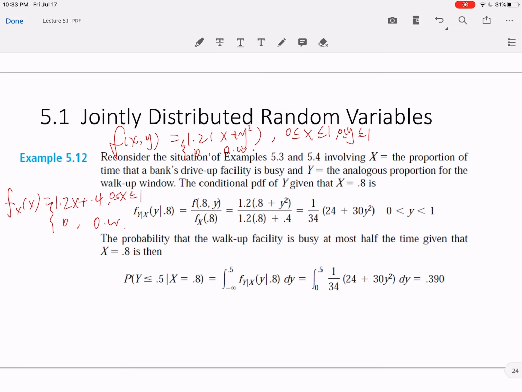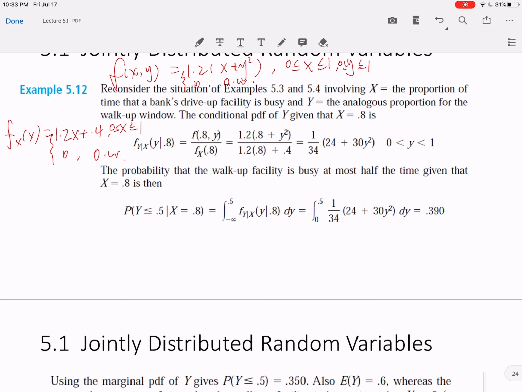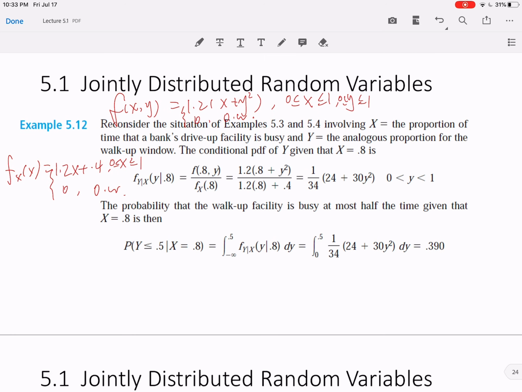Once this is clear, let's take a look at this example. Reconsider the situation of examples 5.3 and 5.4, involving x equal to the proportion of time that a bank's drive-up facility is busy, and y equal to the analogous proportion for the walk-up window. Find the conditional PDF of y given that x is equal to 0.8. In the previous example, I wrote down the joint PDF and the marginal PDF of x.